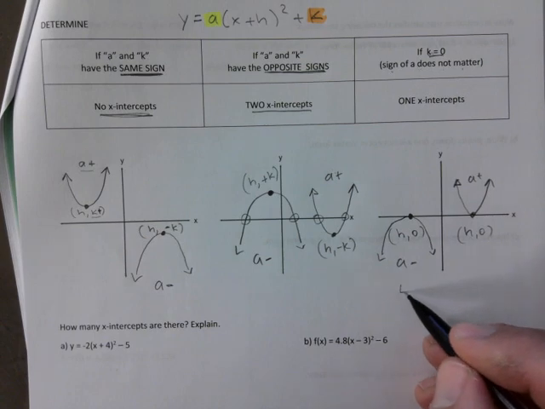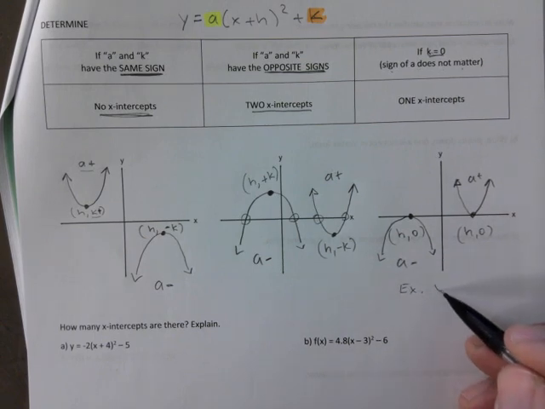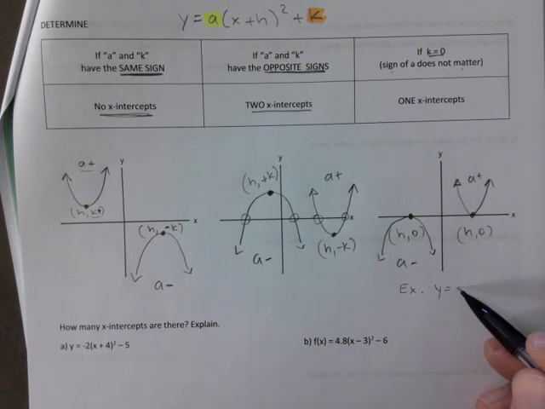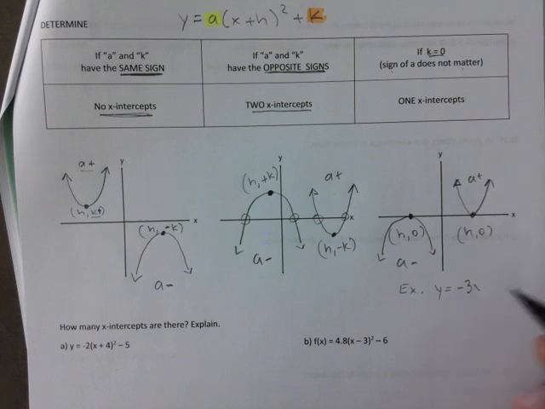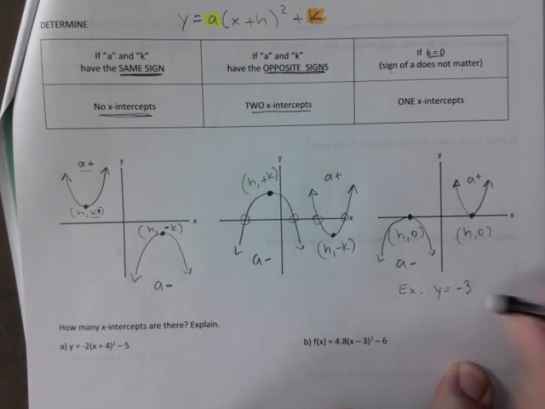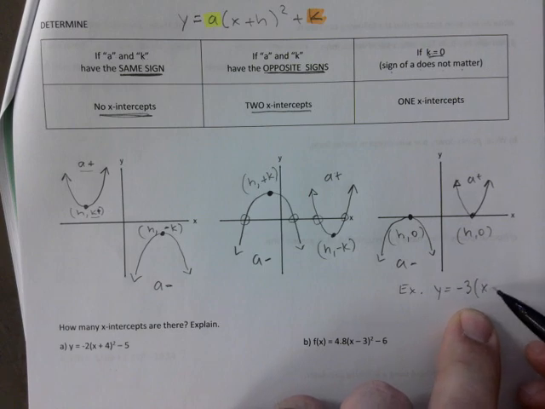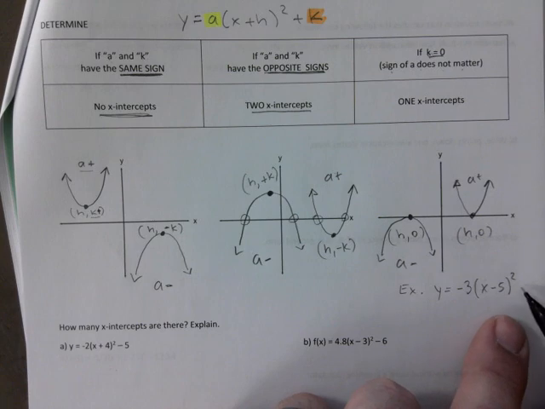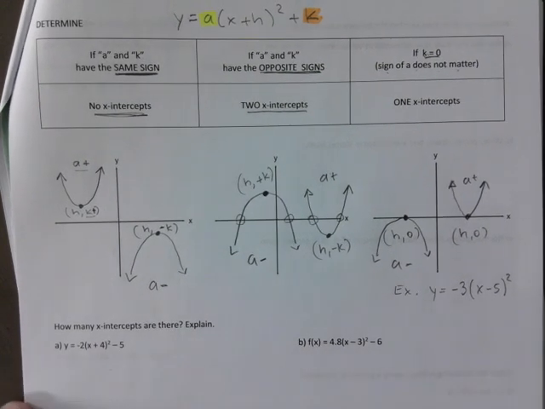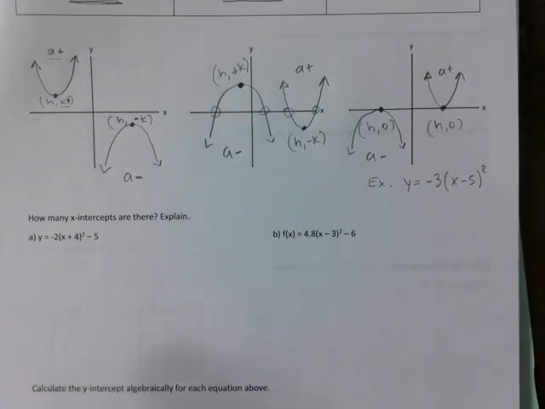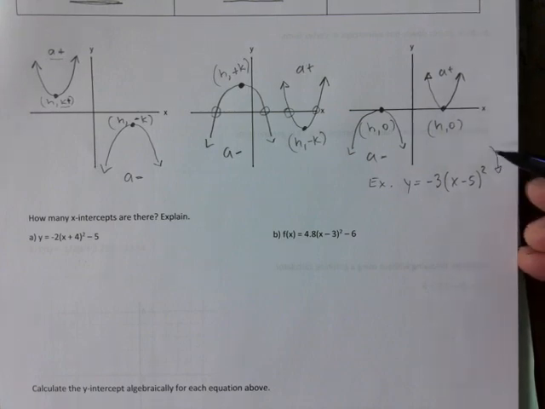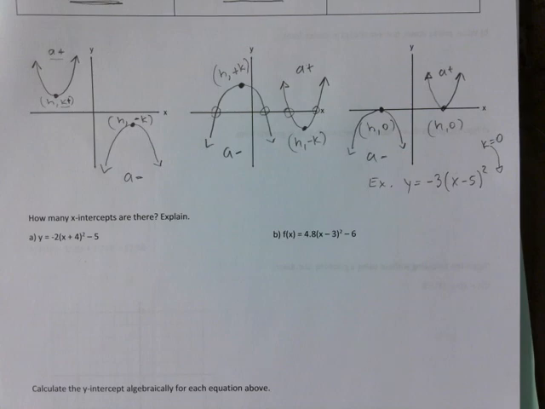I'll give you an example. y is equal to negative (x minus 5) squared, plus 0. In this case, it's invisible, but technically k is equal to 0. If all you see is that k is 0, you automatically know there's only one x-intercept.